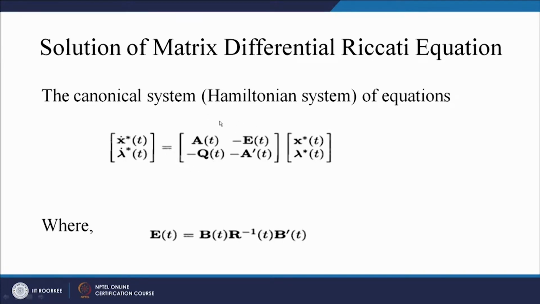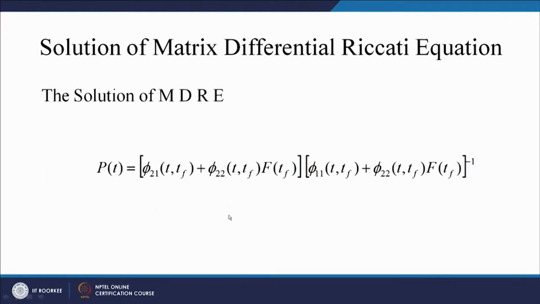So, we find the state transition matrix of the Hamiltonian matrix, and then we make the partition as we have seen in the previous class, and then P(t) is obtained in terms of phi 21, phi 22, phi 11, phi 12 and F(tf).